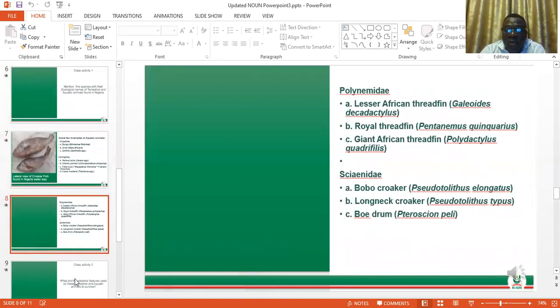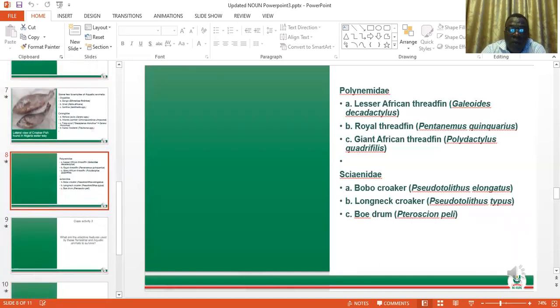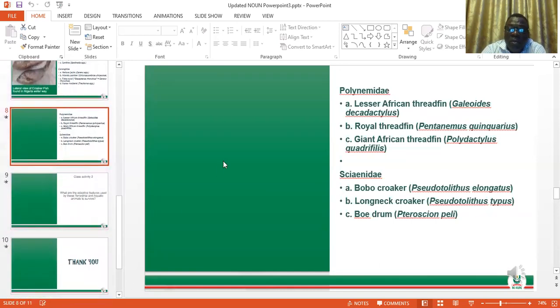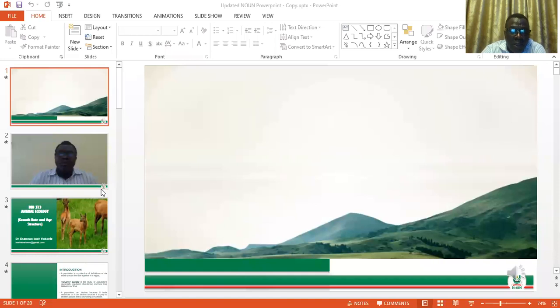And we also mentioned other groups, the royal threadfins, also known as Pentanemus quinquarius, the African giant threadfin, and the croaker. So these are the few ones that we discussed on week 2, ecology of terrestrial and aquatic organisms.